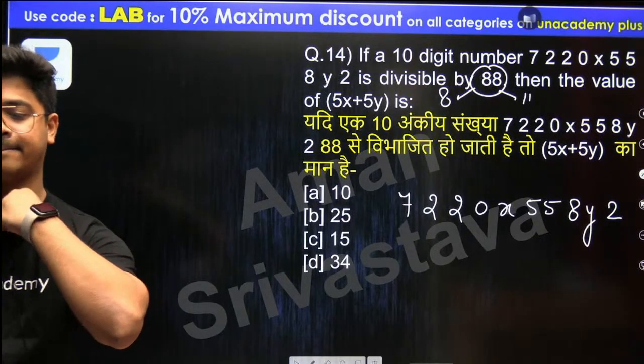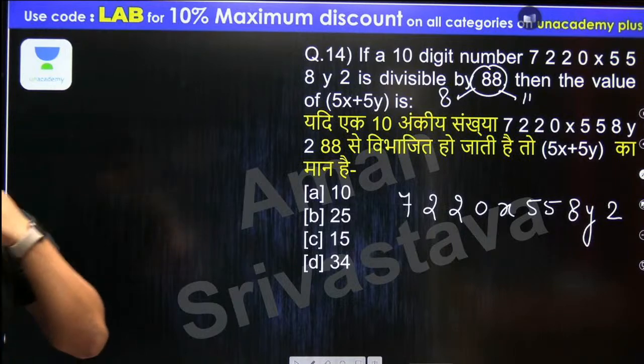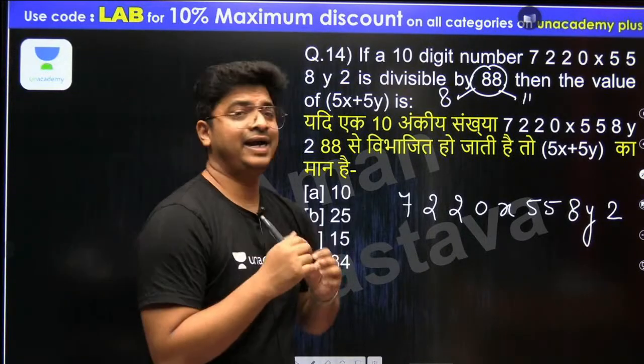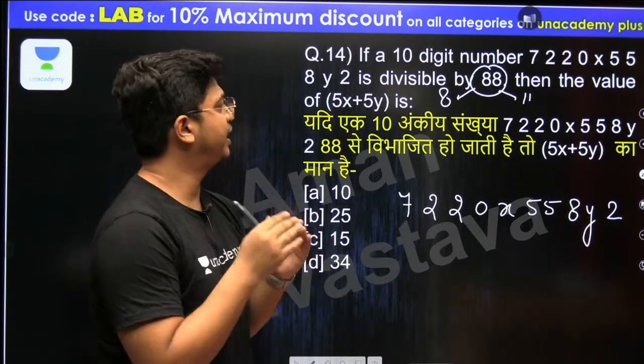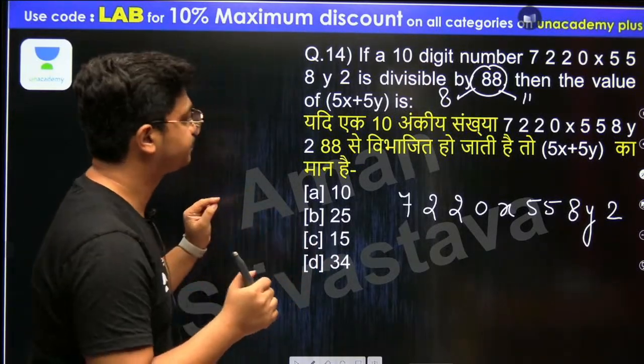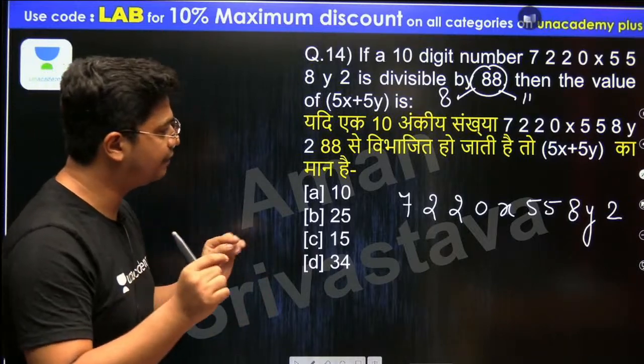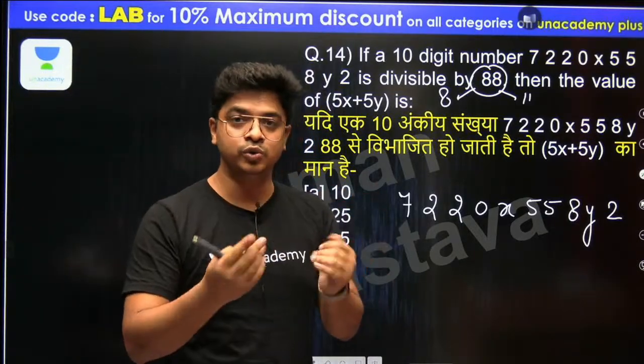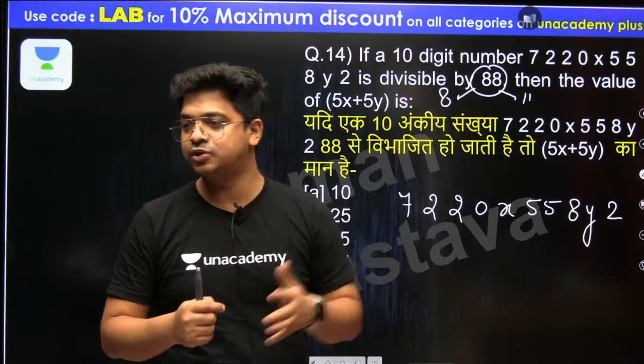Okay. Ten-digit number is there, and this is the number, and we have to find out 5x plus 5y. See, now, if I have to find out the value of, first of all, which one to choose? Shall I choose 8 or shall I choose this one?